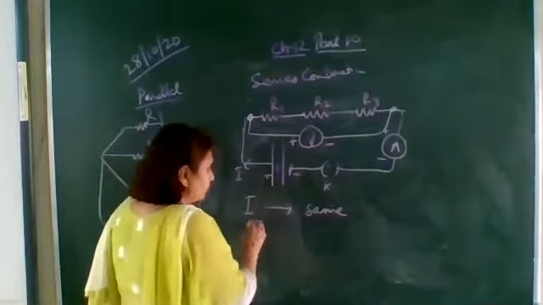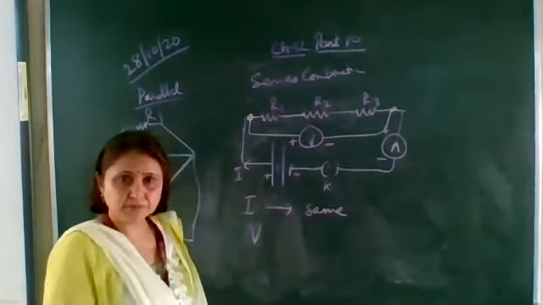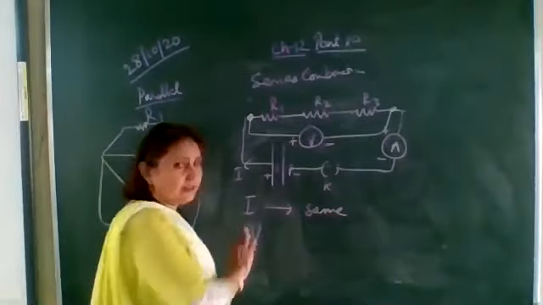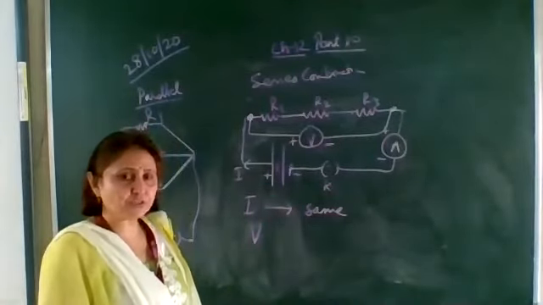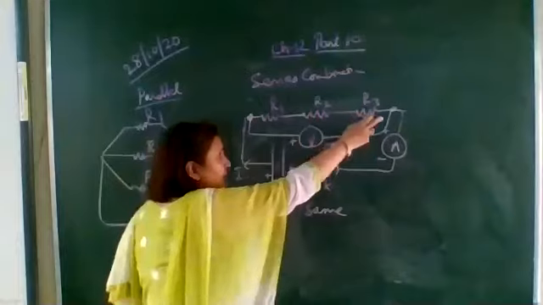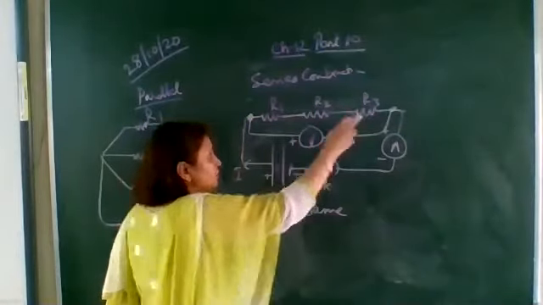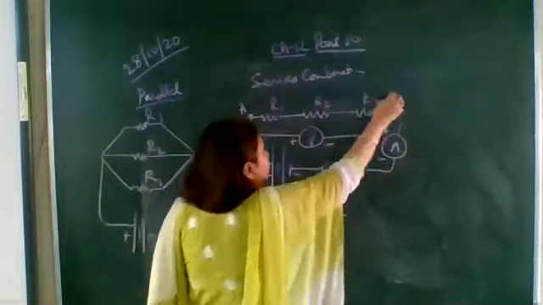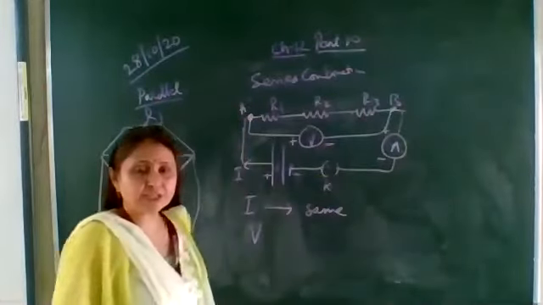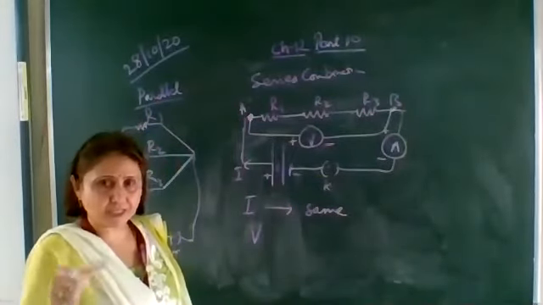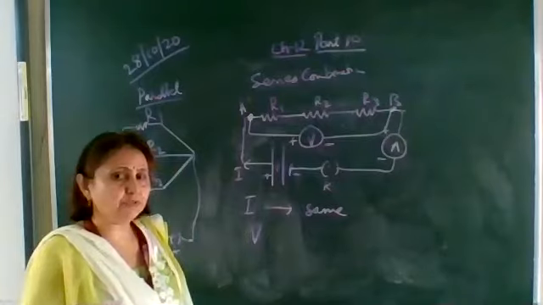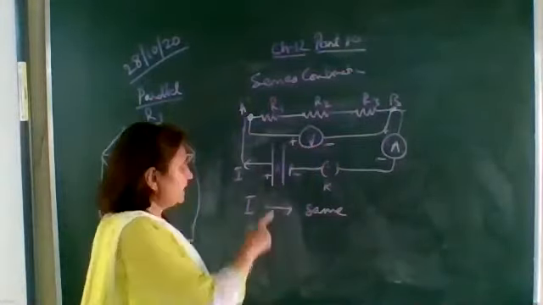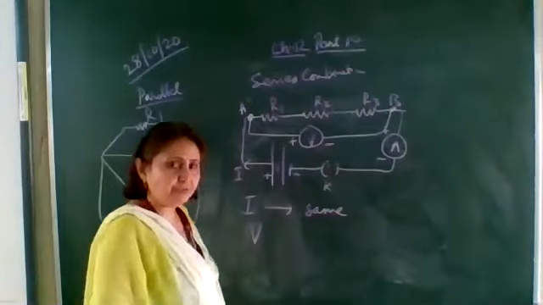Let this time the voltmeter reading be V. Let it be measuring 3 volts, 5 volts, anything. Let us say that this reading is V volts. So we have measured the potential difference between these two points A and B. Between whichever two points you have to find the potential difference, you connect the voltmeter, and let the voltmeter reading be equal to V volts.